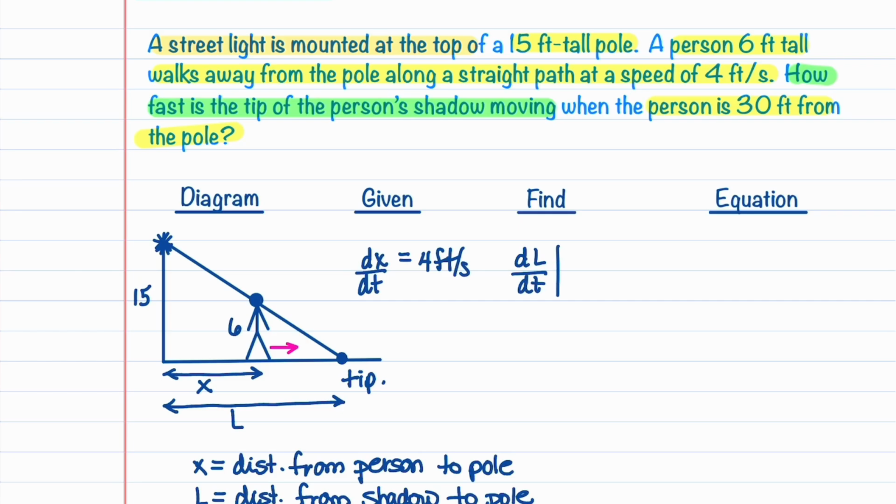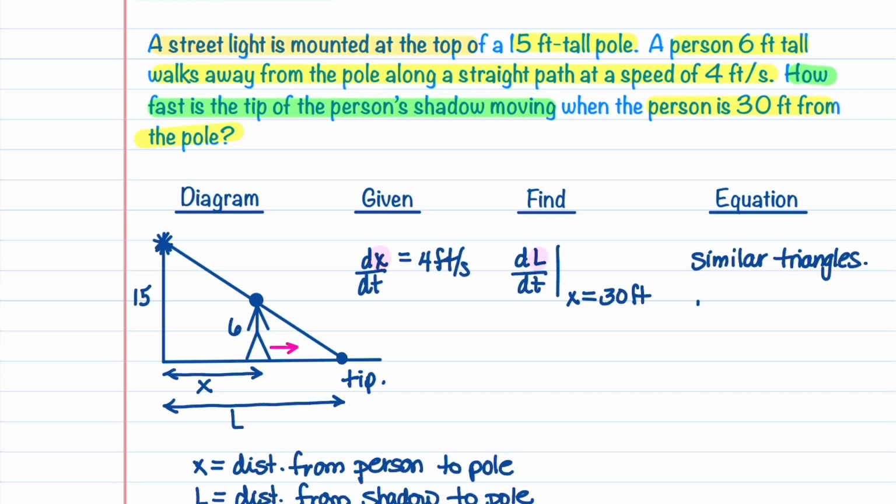And we want to find that when the person is 30 feet from the pole. So that is when x is 30 feet. Now what we need to do is find an equation that relates x to L. We are going to use what's called similar triangles to get this relationship.